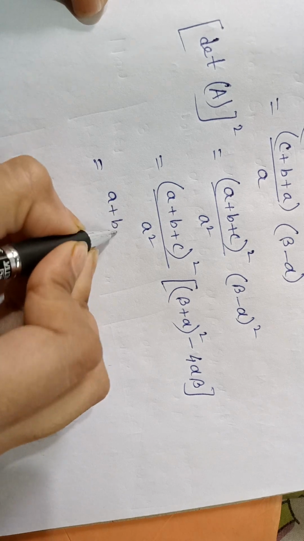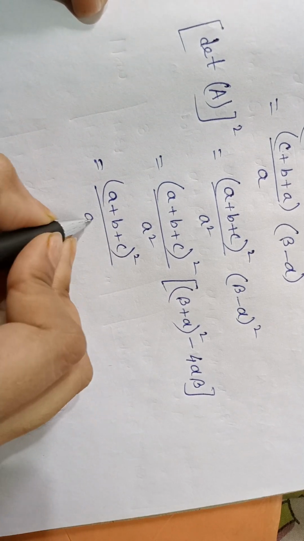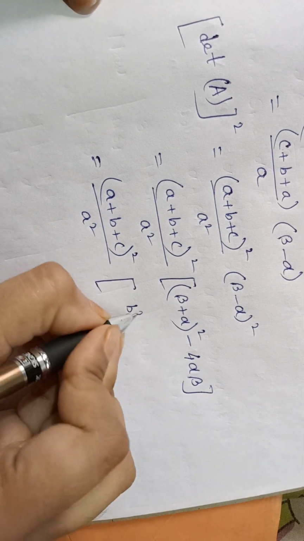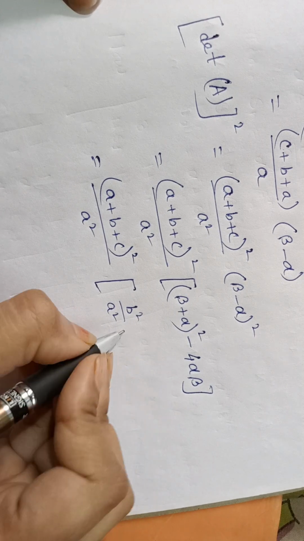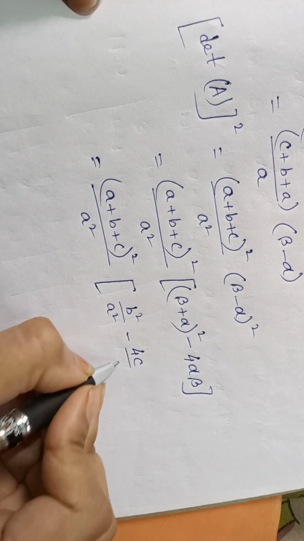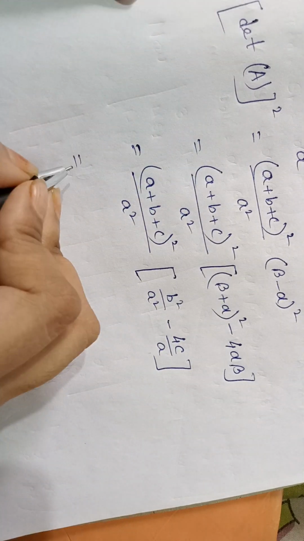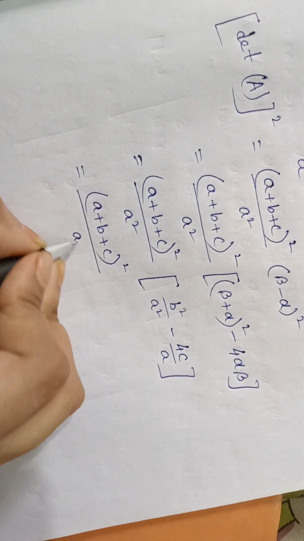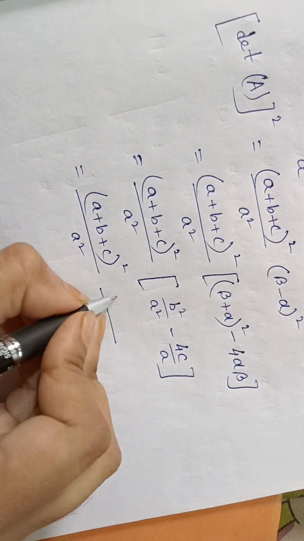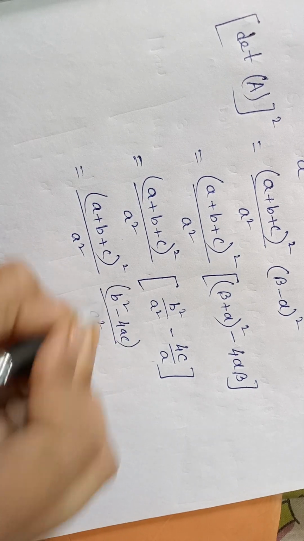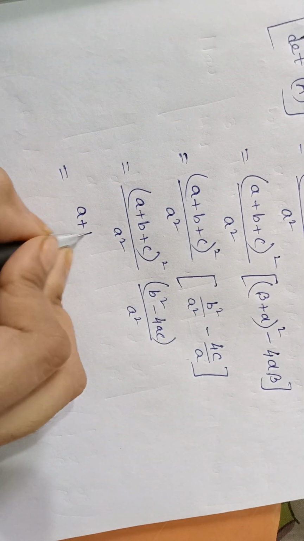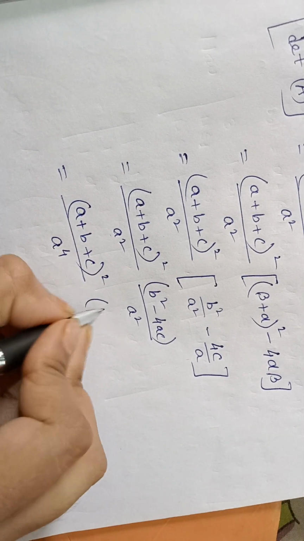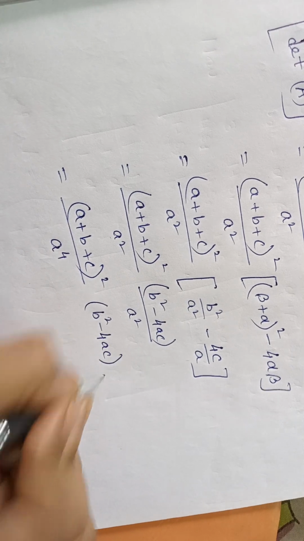Then we put the values again, that is alpha plus beta is minus b by a, so it will be b square by a square, and alpha beta is c by a. Okay, that means a plus b plus c whole square by a to the power 4 into b square minus 4ac.